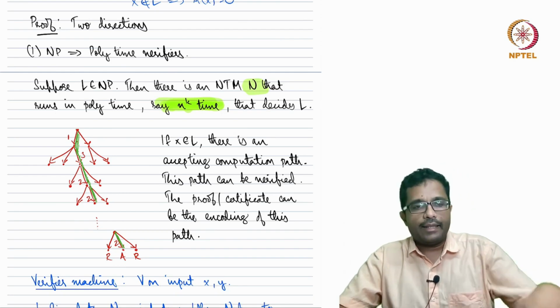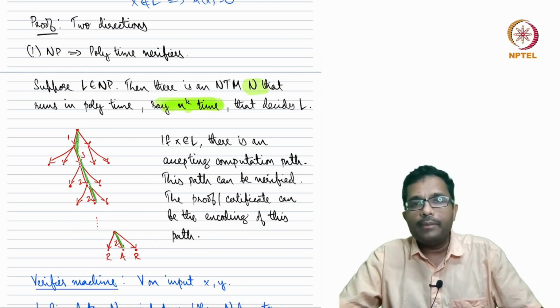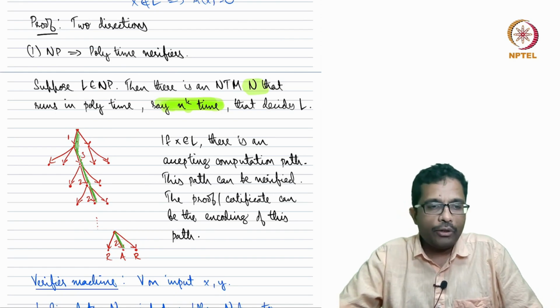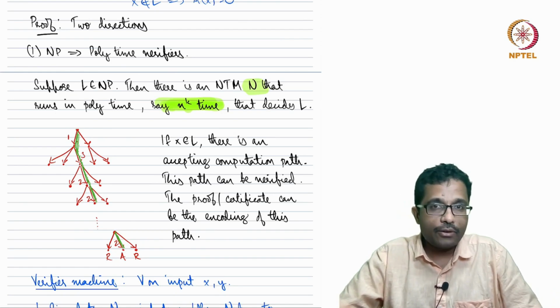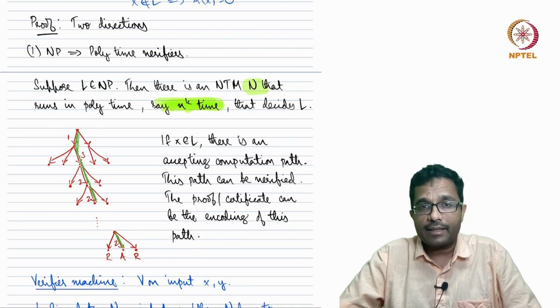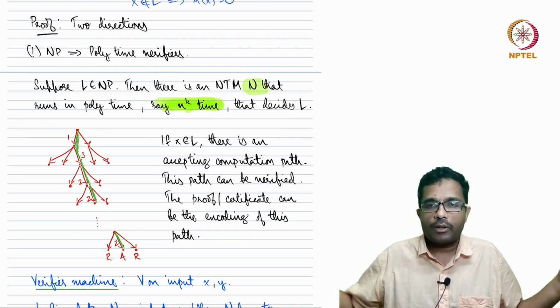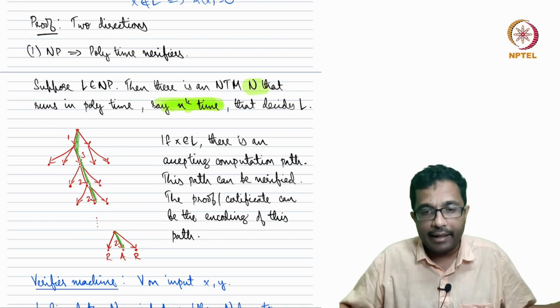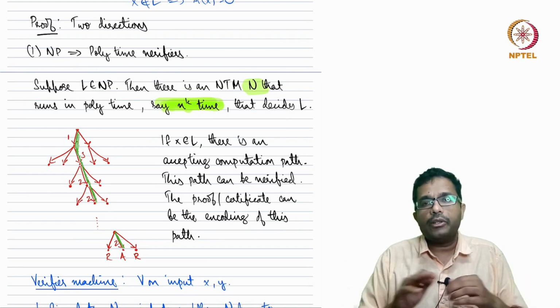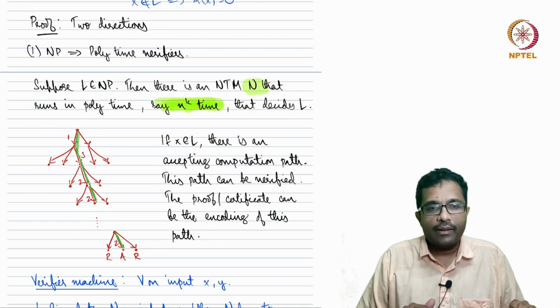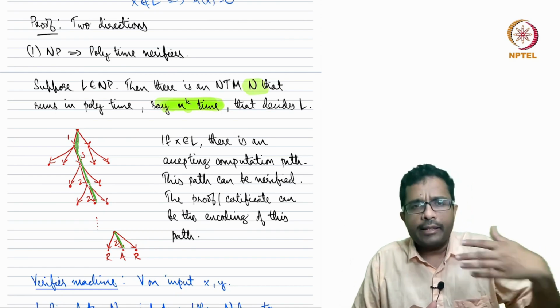Again, the setting is that you have a deterministic Turing machine and I want you to verify that this non-deterministic Turing machine accepts x, but you don't have the bandwidth or the time to test all the possible computation paths and simulate the entire NTM N using your deterministic Turing machine. I am telling you, don't simulate the entire thing.